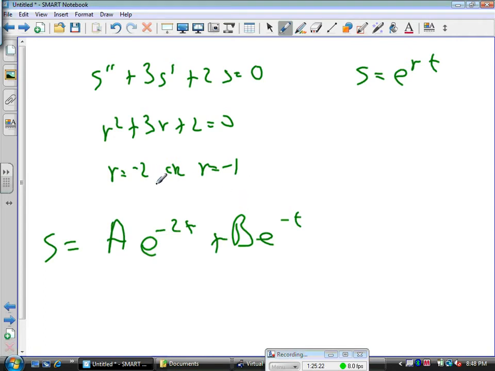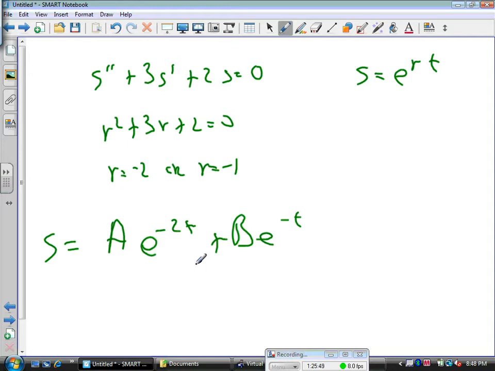When the discriminant is positive, real, rational or irrational unequal. When the discriminant is 0, the same answer. Or the discriminant is negative, complex. Those 3 possibilities will make this answer look different when you get the initial conditions done. Your final answer will look different.